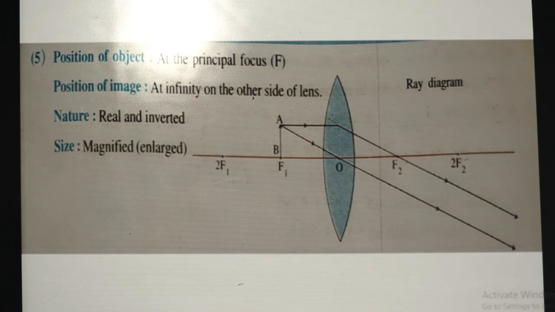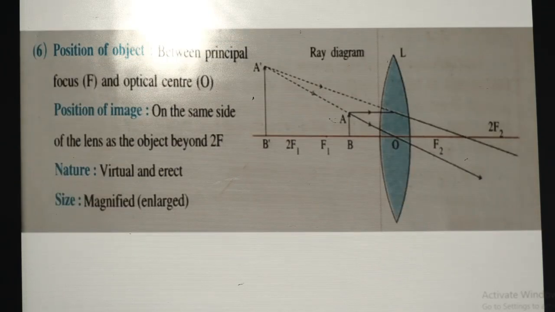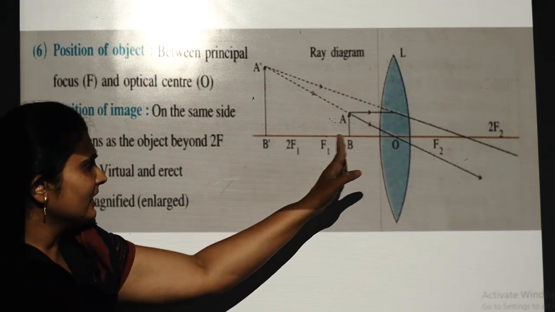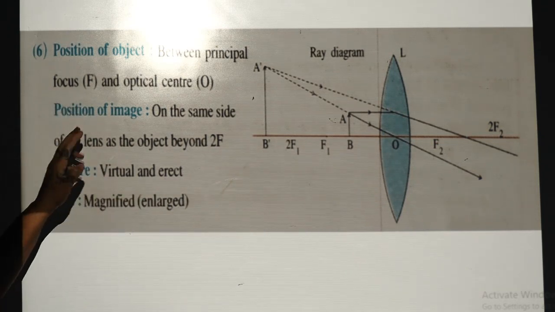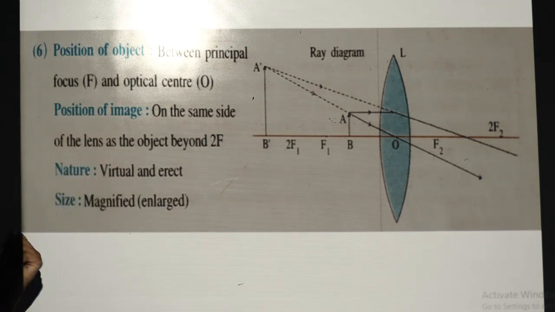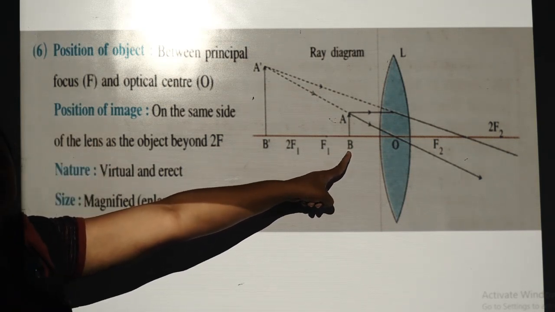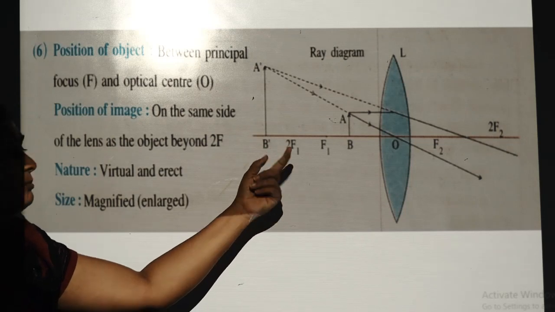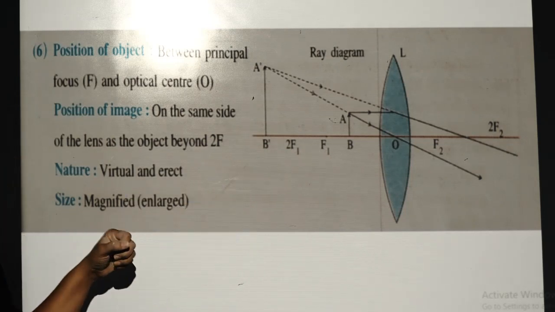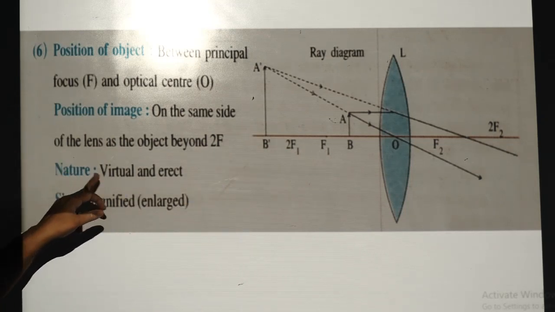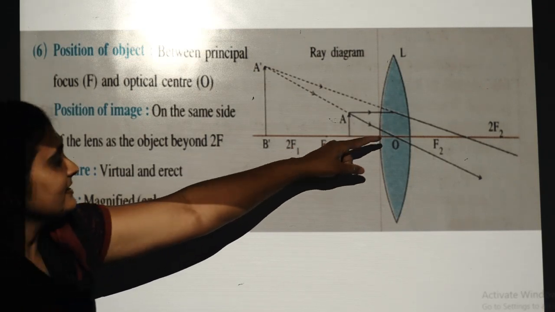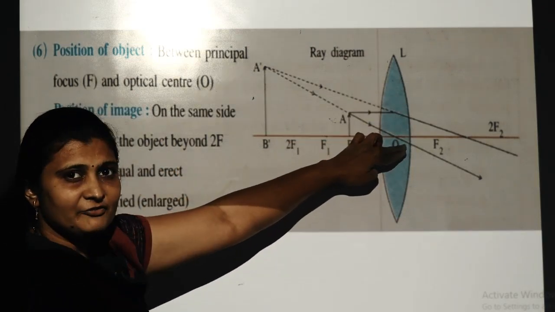Now last one, sixth one, position of object between principal focus and optical center. Position of image on the same side. This is the object and this one is the image. Both are on the same side. Nature, virtual and erect. See, these rays do not meet after refraction.